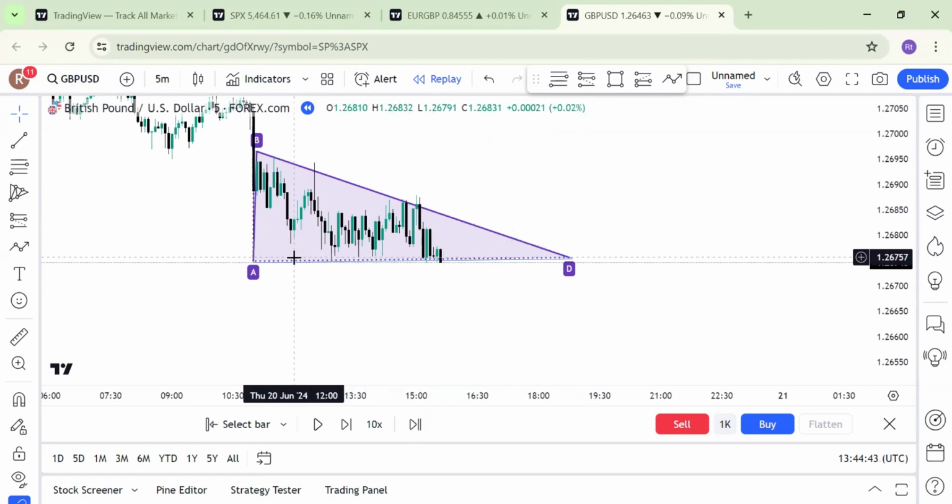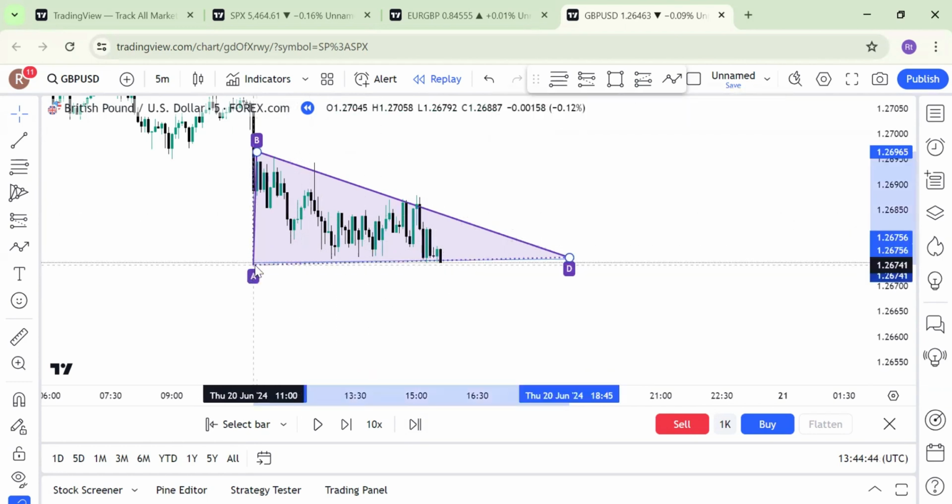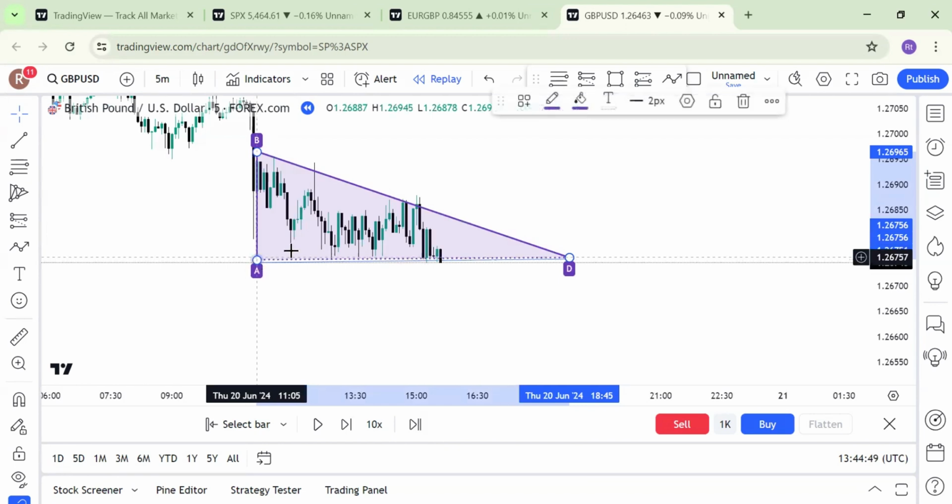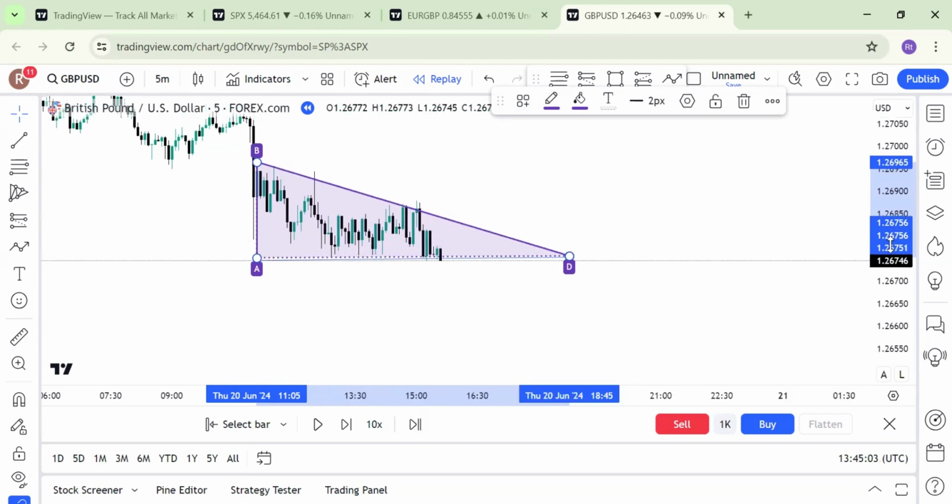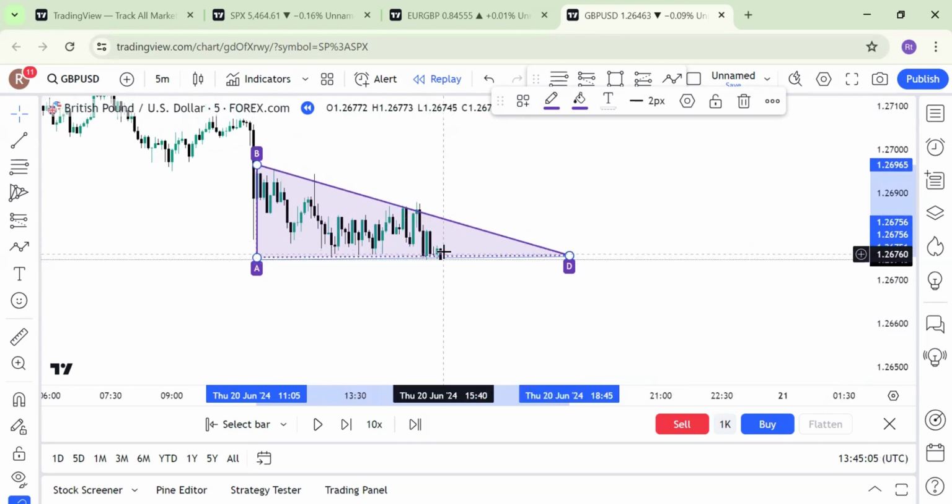You can see the market keep retesting this particular region. Retest, go up, retest, go up, retest, go up, eventually come back to retest. Do you understand? And after retesting here, you can see that it is getting weaker after retesting a lot of times, and we can see the breakout already.